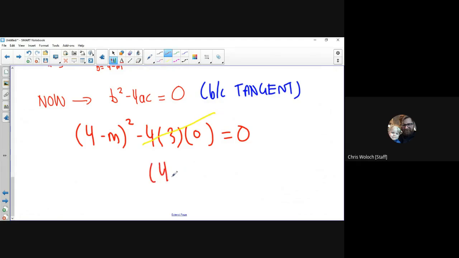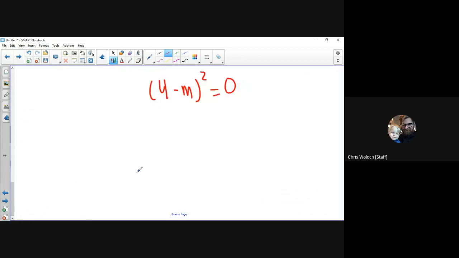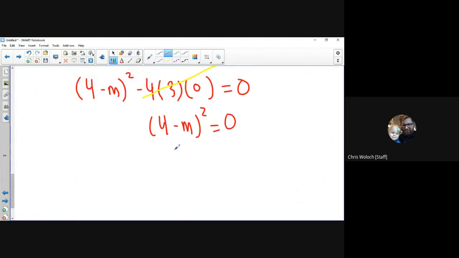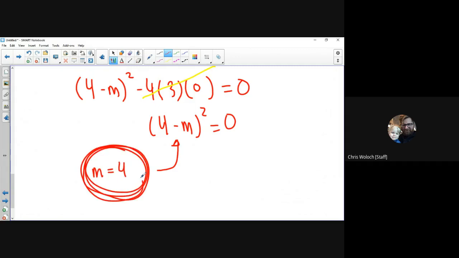Then I have 4 minus m squared equals 0. Obviously m equals 4 is the solution to that equation, because 4 minus 4 is 0, and 0 squared equals 0.